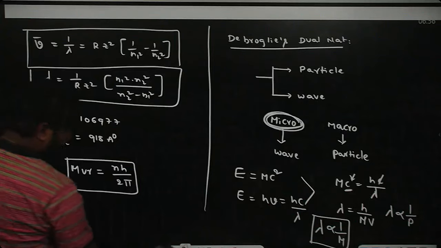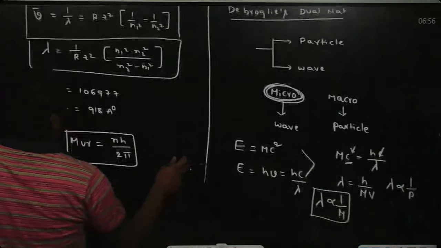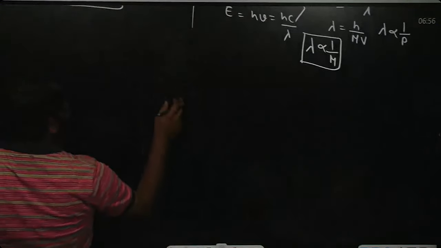Well, coming to the next one. By using de Broglie's wave nature, we are going to find the kinetic energy. As we wrote already, lambda equal to h by mv. Let me square on both sides.